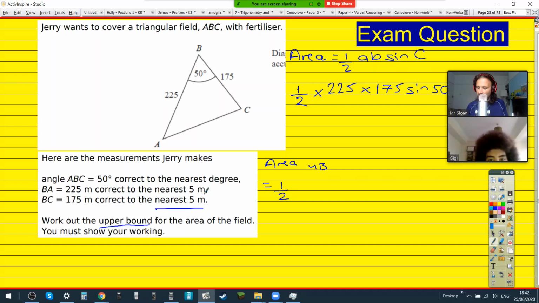Oh, half 225 plus half the degree of accuracy. Oh yeah, no. Half to 7.5. I mean 227.5. Yeah.